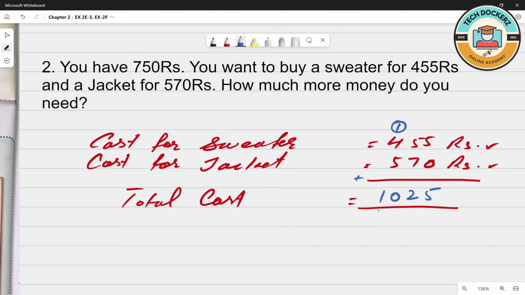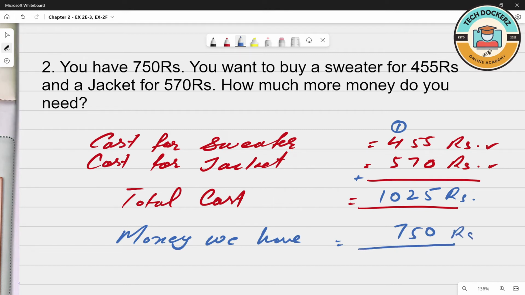So the total cost to buy these items is 1025 rupees. And how much money do we have? Money we have, 750 rupees.